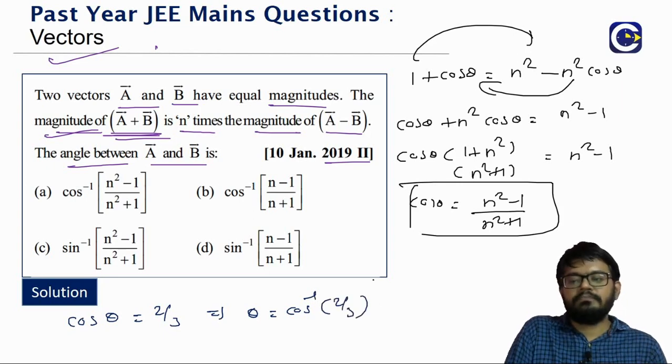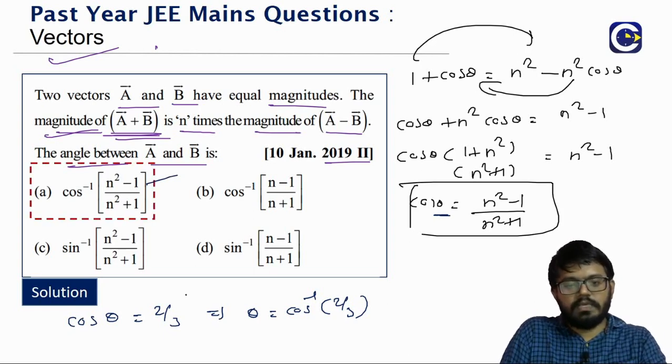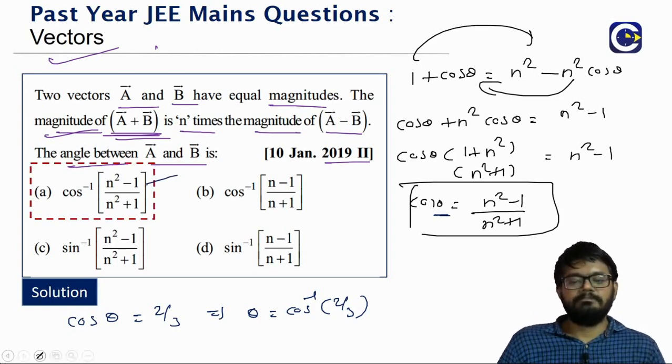If for us cos theta is n square minus 1 by n square plus 1, then theta will be expressed as cos inverse. We write it like power minus 1, but that is not power minus 1. This is called the inverse trigonometric function. We will learn about this in our 12th standard. So the theta value is cos inverse of n square minus 1 by n square plus 1. So look at this, what is the answer? It is Option A.